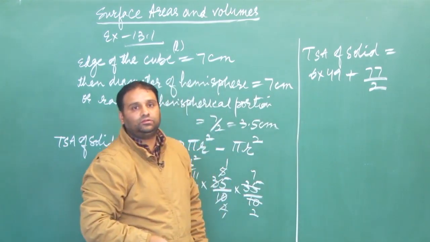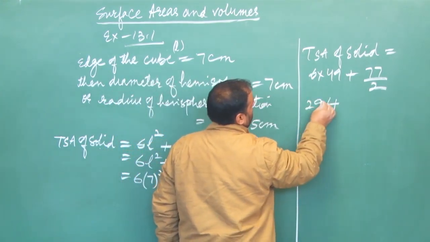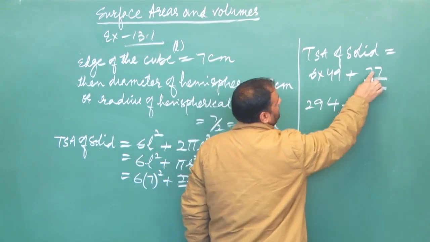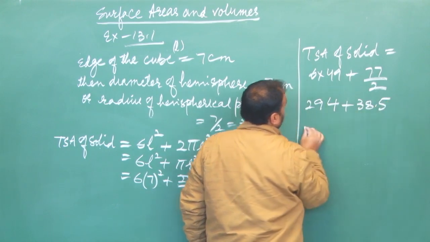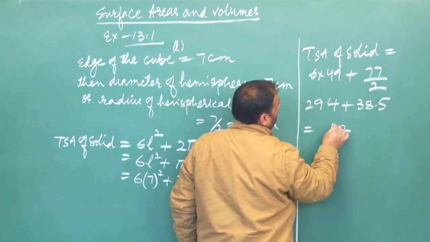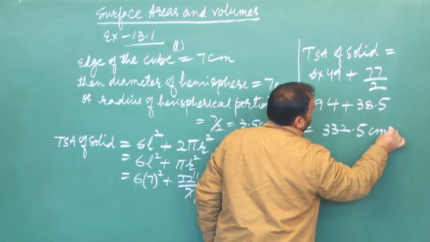So 6 into 49 is 294, and 77 divided by 2 is 38.5. It is 332.5 centimeters square.